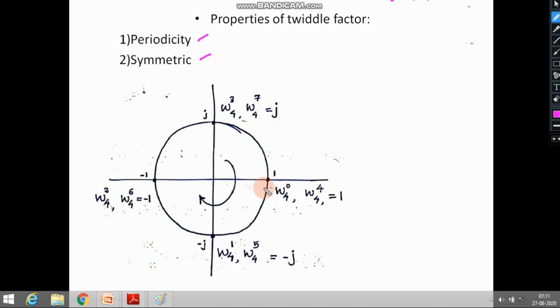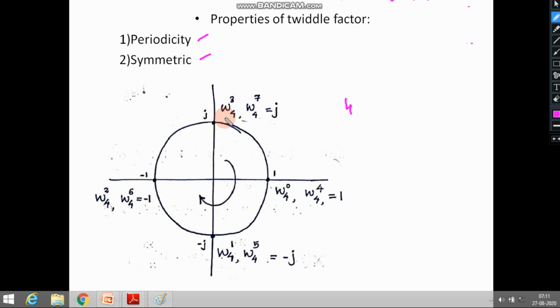Here we can see that if we are having the N-point DFT for, let N equal 4, then we can divide this circle into 4, given by omega 4 raised to 0, and the direction of rotation is omega 4 raised to 0, omega 4 raised to 1, omega 4 raised to 2, and omega 4 raised to 3.